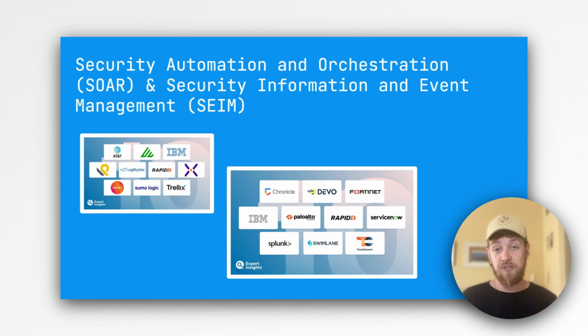A SIEM solution will collect and analyze logs from all different sources, all different security solutions, and will help you identify and report on security incidents and events that happen. In a zero trust environment, you really need to be constantly monitoring and be able to adapt to changes. And again, these two systems can work together. So a SIEM system might detect malicious activity, and a SOAR system could then instantly block this malicious IP, stopping something bad from happening. So they can work together like that.